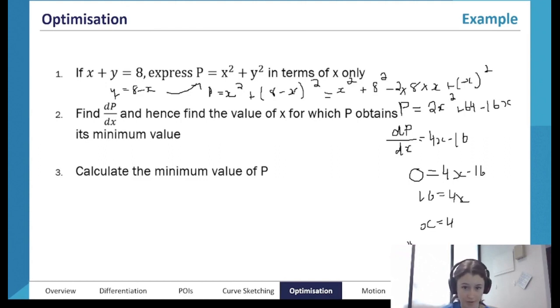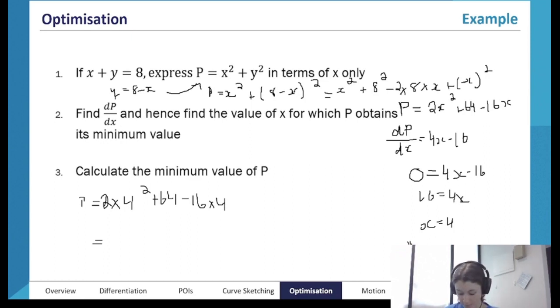So we're going to have p equals 2 times 4 squared plus 64 take 16 times 4. If you can do that in your head, I'm very happy for you.